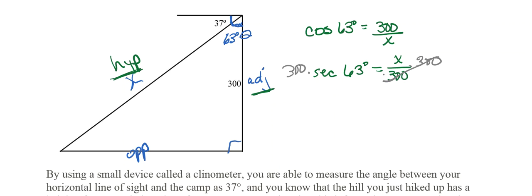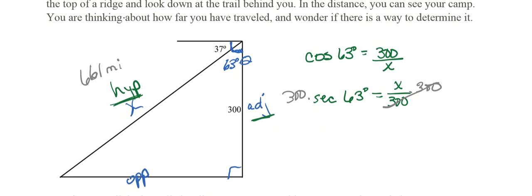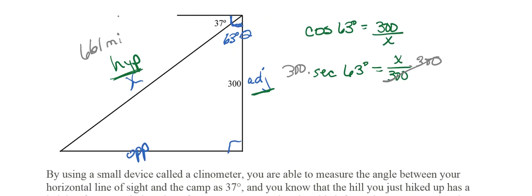And it gave it as a big fraction, so once I get that fixed, I know that I have traveled approximately 661 miles? No way. Meters, definitely. There's no way we've traveled 661 miles. That's just not reasonable. Now you might be asking yourself, if I have a calculator that doesn't have secant, how do I plug this in?